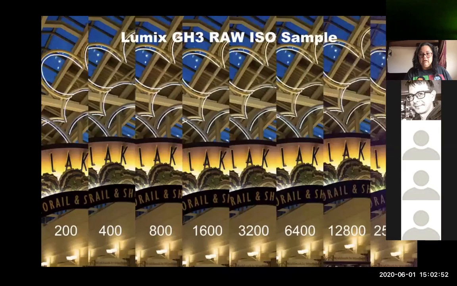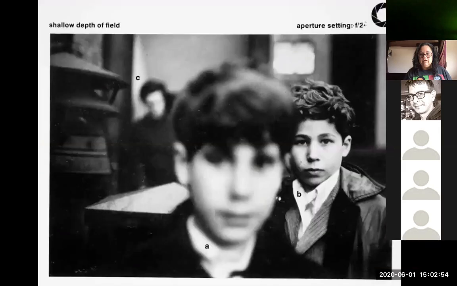So depth of field. This image shows us shallow depth of field, and that is where pretty much only the point of focus is in focus. And so it's a little different than the images we expect to see. We usually expect to see the area that takes up the majority of the frame, in this case the foreground, to be sharp.